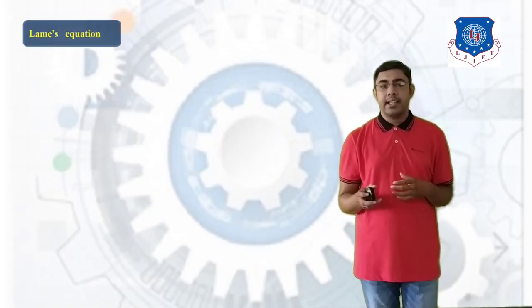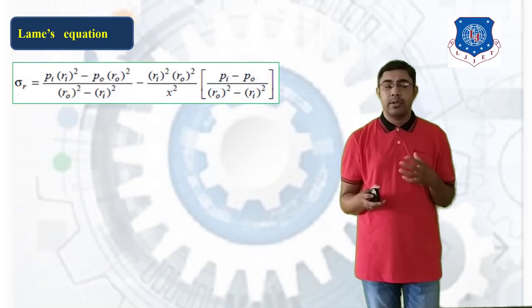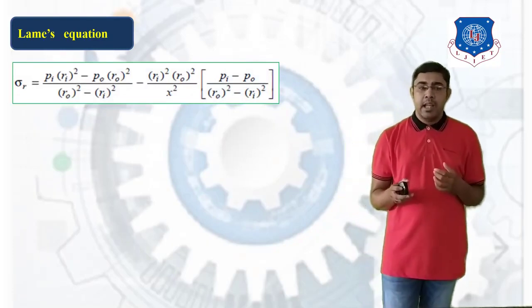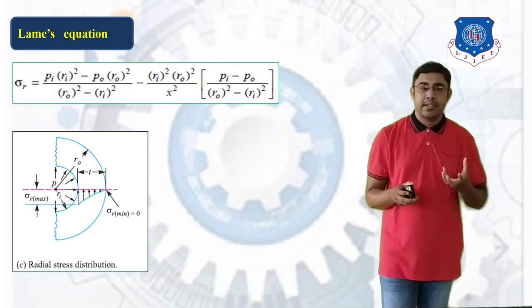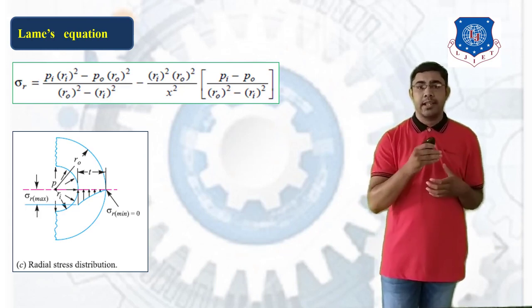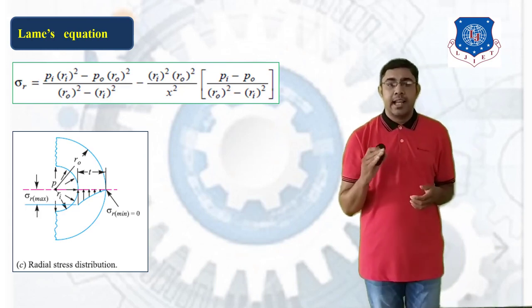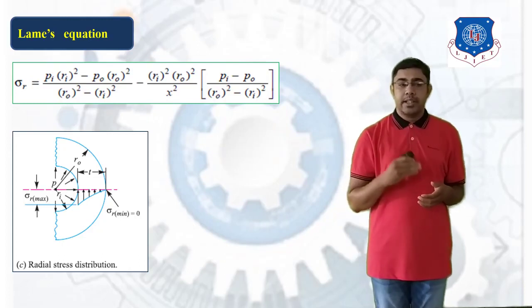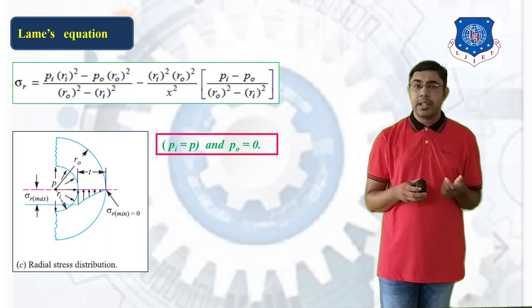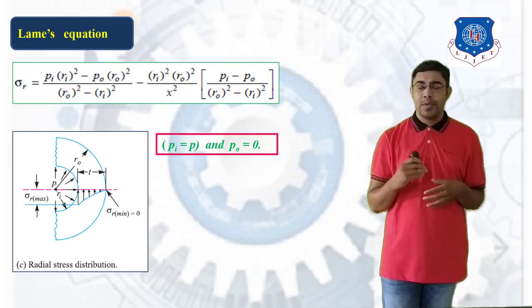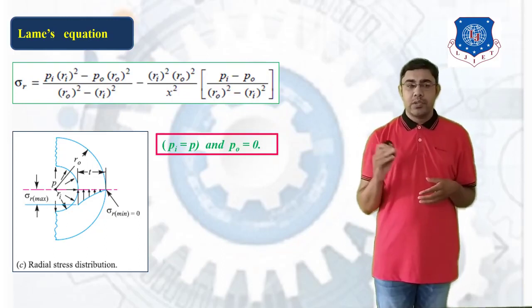Now, if we consider the radial stress according to Lame's equations, and the conditions of radial stress distribution throughout the thickness of the cylindrical shell subjected to internal pressure, we have to place the boundary conditions Pi is equal to P and Po is equal to 0.